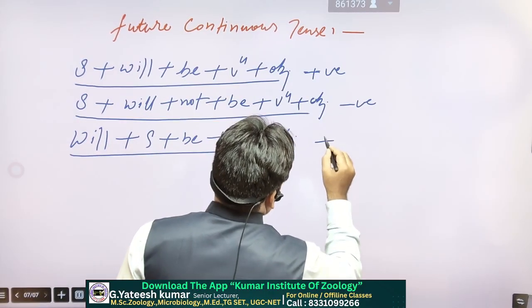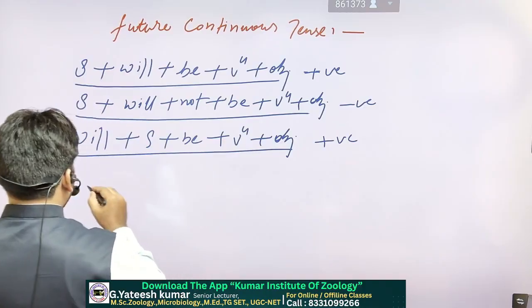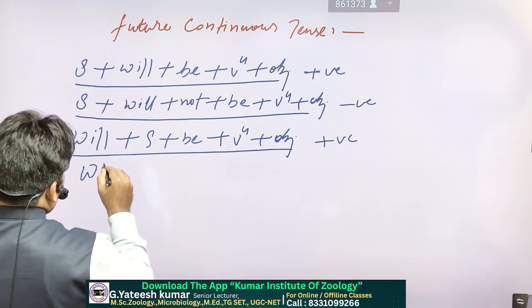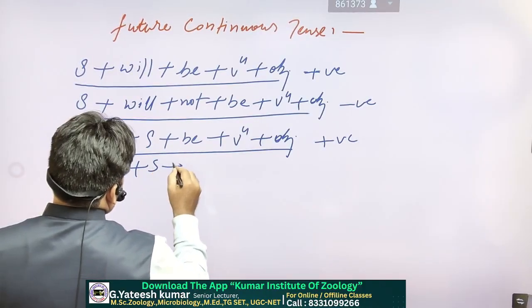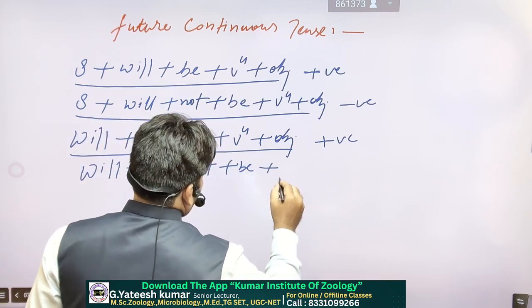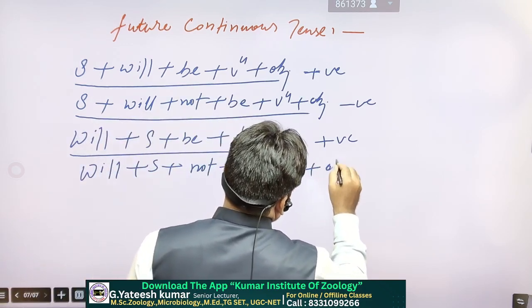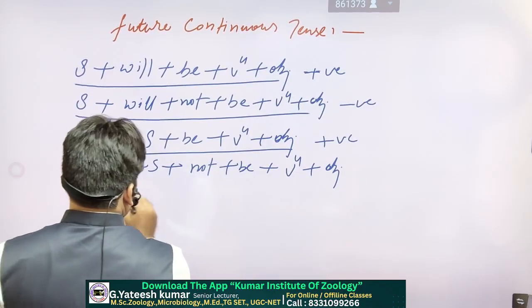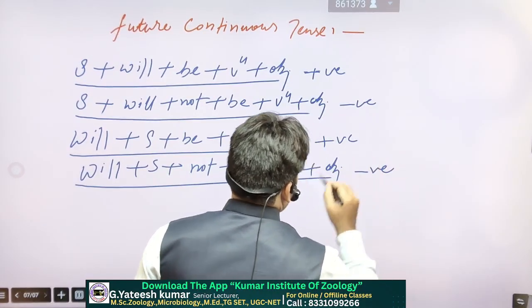So this is yes no type questions positive. Same we can do negative, will, subject, not, be, ing form, and object. So this is yes no type questions negative.